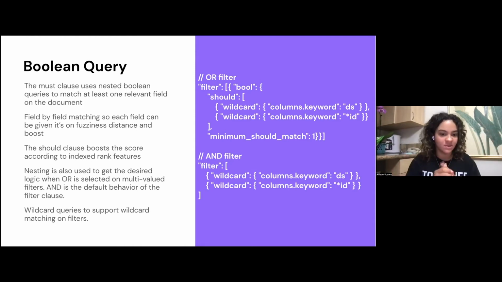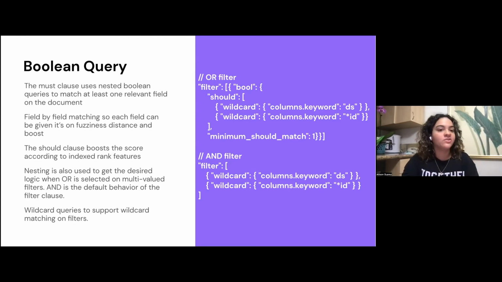All of these cases can be accommodated by using a Boolean query, which basically aggregates all these different types of query and gives you a better result rather than having one type of query that accounts for all of your different use cases. So yeah, this Boolean query will provide you with a must clause, which matches at least one relevant field in your document or in your table, column, whatever.